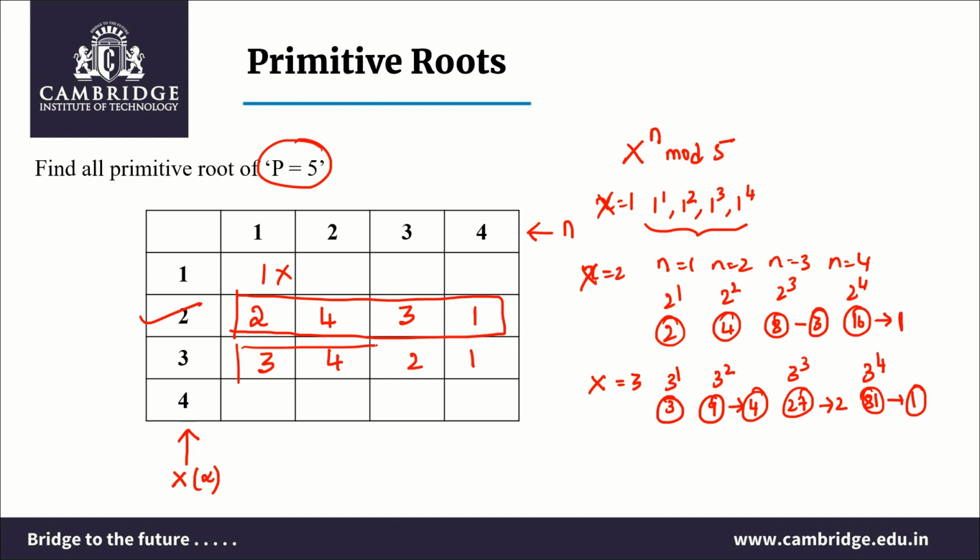So filling this in, we get 3, 4, 2, 1. You can observe again that they are distinct, which means 3 is also a primitive root. Now try it for 4. I have to check for all the values.